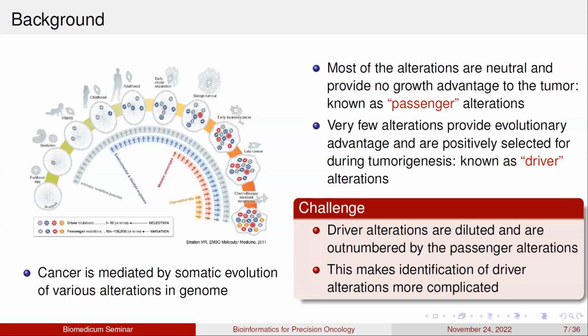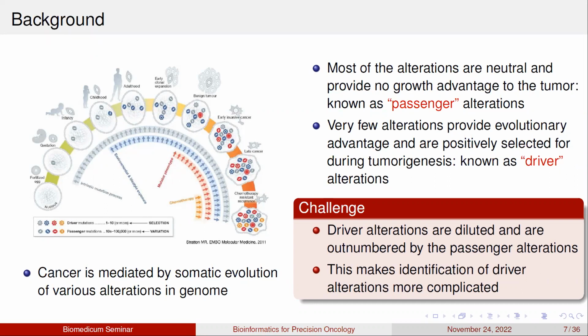They are important because we can target them in the clinic so that we could treat and manage the patients. That's why identification of these driver alterations is very, very critical for the treatment of cancer.